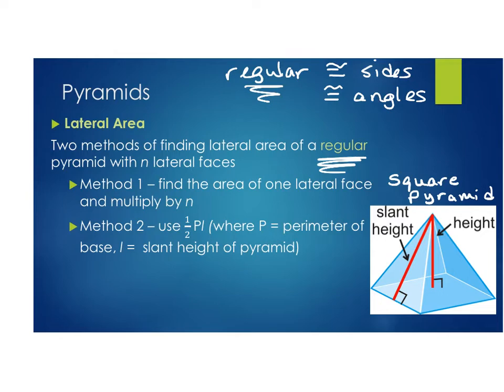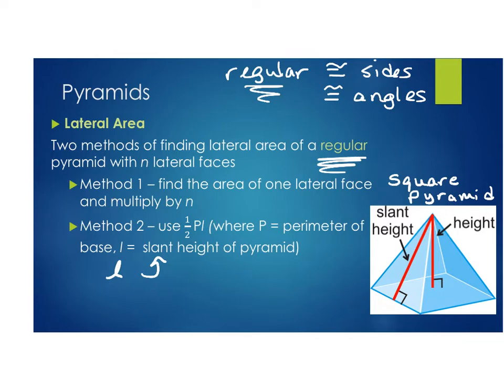So there's two methods. The first one is to find the area of one lateral face and then multiply it by n, which is the number of lateral faces you have. So in this particular example here, there would be 4 lateral faces that would all be congruent. The second method is to use the formula 1/2 PL, where P represents the perimeter, and the lowercase l here, this is our slant height.